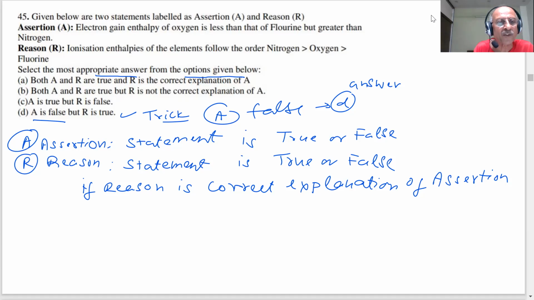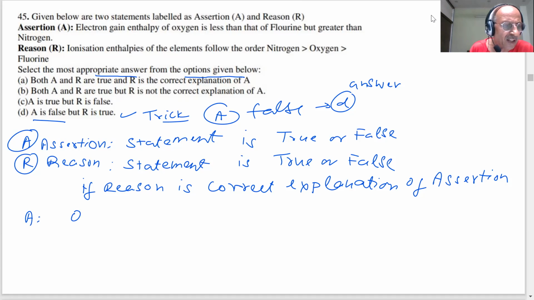Let me see whether assertion A is correct or not. Oxygen is a highly electronegative element. What is electron gain enthalpy? Energy released when an electron is added to a neutral gaseous atom. It is less than that of fluorine because fluorine is more electronegative than oxygen.